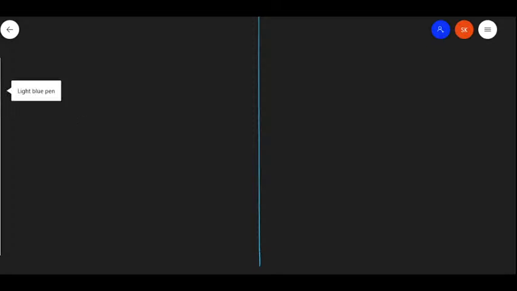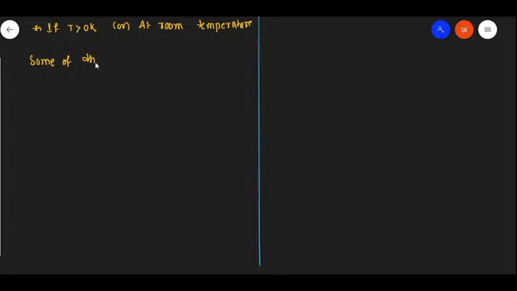Now, what happens at room temperature, if temperature is greater than 0 Kelvin? At room temperature there is also some thermal energy, so some of the electrons jump from where to where?